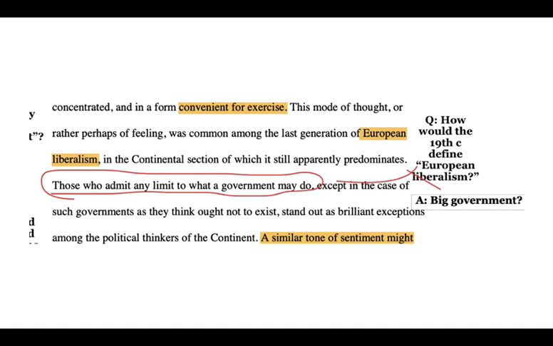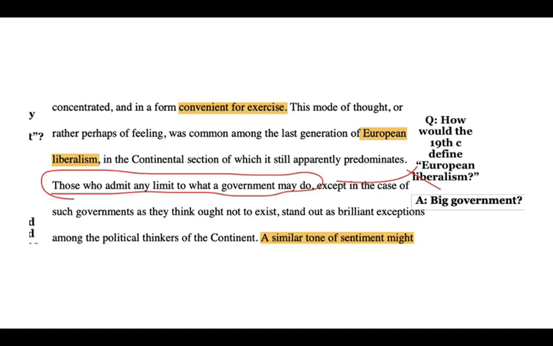Another one of my questions, this is kind of a question slash definition-y thing. You could probably call it either, but because I think that it also could be context. So this is a good example of how there's a little bit of fluidity between how you label your annotations. But Mill uses the term European liberalism.